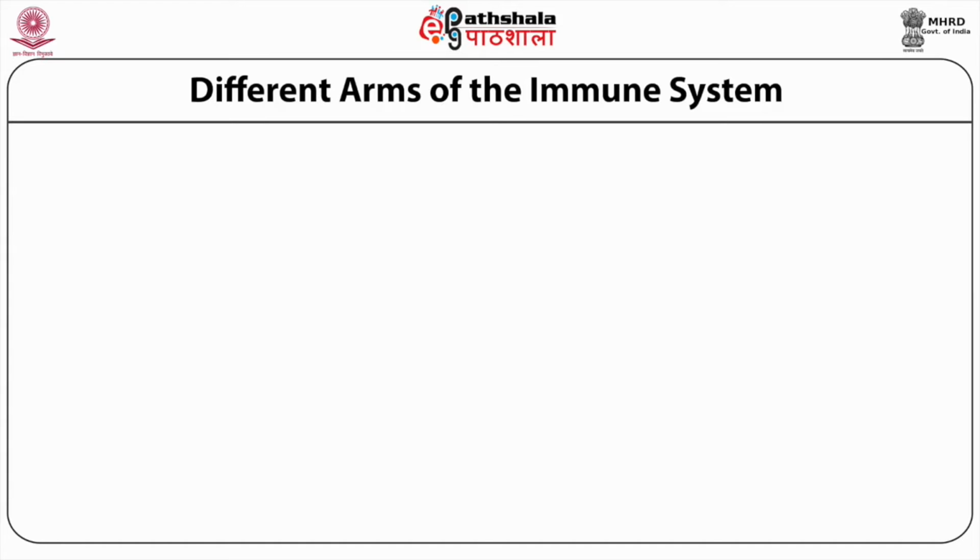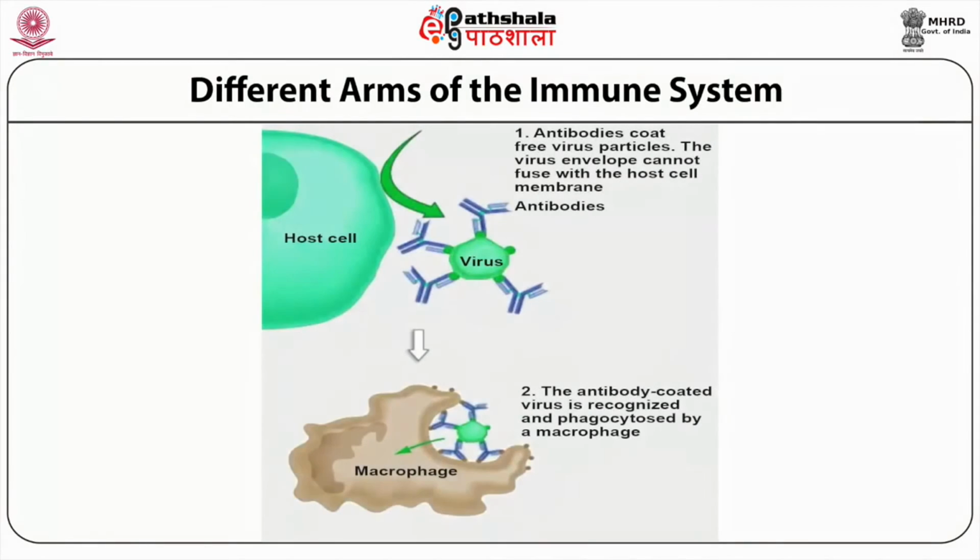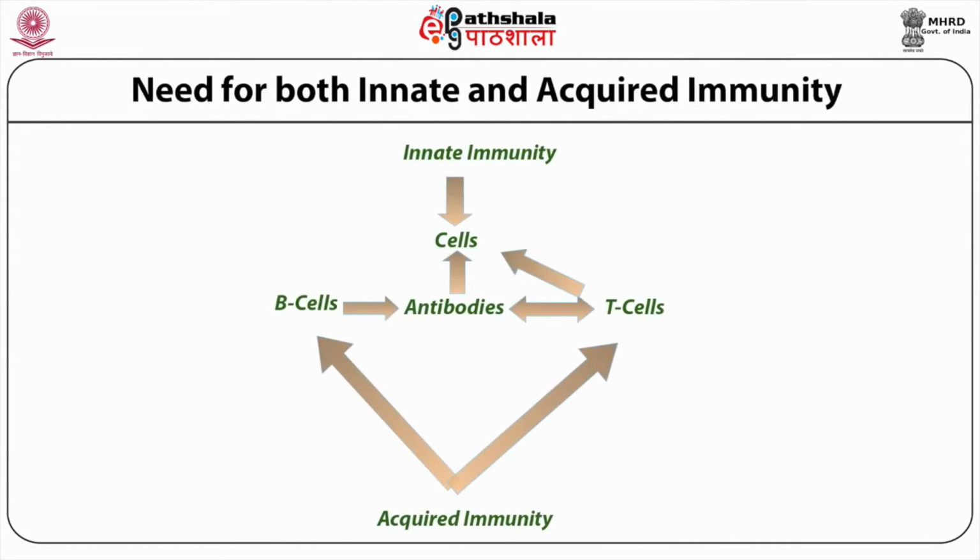Intravesicular pathogens infect macrophages, which are helped to destroy these by Th1 cells, which are of course also part of the cell mediated immunity. So what we see here is that again different arms of the immune system come into play. This again is aimed to emphasize that there is a need for both innate and acquired immunity.